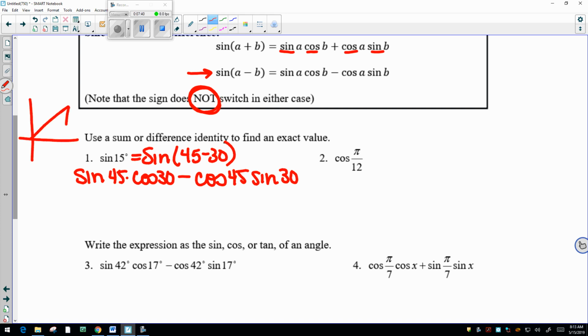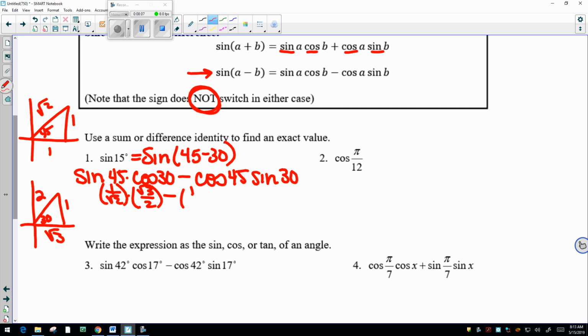Give yourself some triangles, draw them out. So we got our 45, 1, 1, square root of 2, and our 30, so we have 1, 2, and square root of 3. Okay, so sine of 45, we get 1 over radical 2. Cosine of 30 would get us square root of 3 over 2. Now I'm going to subtract out the cosine of 45, so that's 1 over radical 2. And then I multiply that by the sine of 30, so that's 1/2.